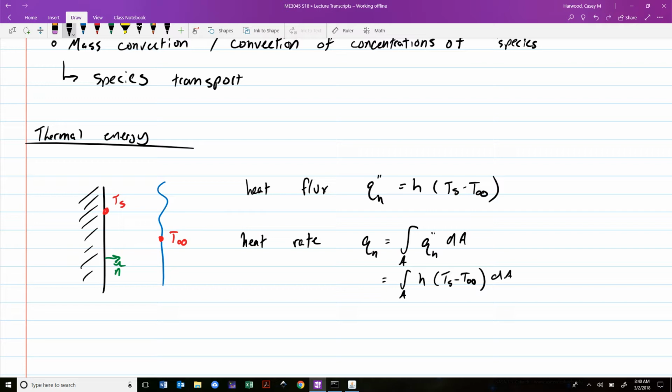So it's possible that the surface temperature, the fluid temperature, and the convection coefficient itself could all change over the surface. So we need to have some insight into the way that those behave across this surface before we perform that integral and actually get out a useful heat rate in watts, okay, which is really the thing that we're usually interested in at the end of the day.